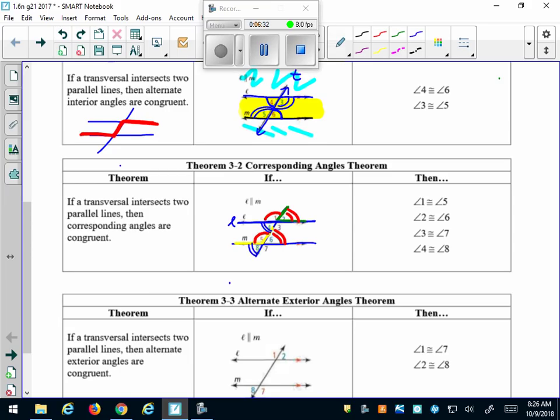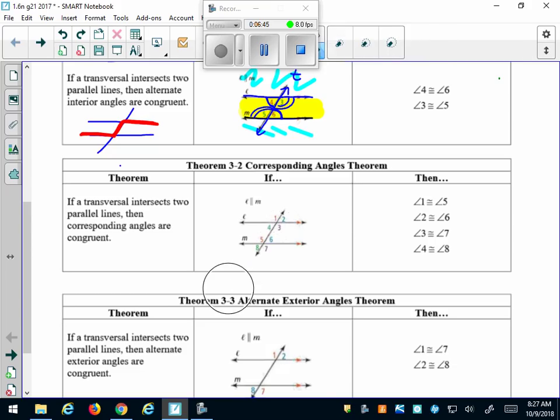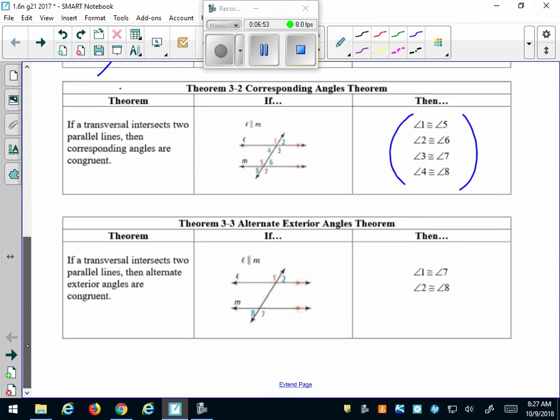We could slide 4 down, and it would cover where 8 is, and then 3 and 7. So there are 4 pairs of corresponding angles, and they're listed here. And those are congruent. Alternate exterior angles.